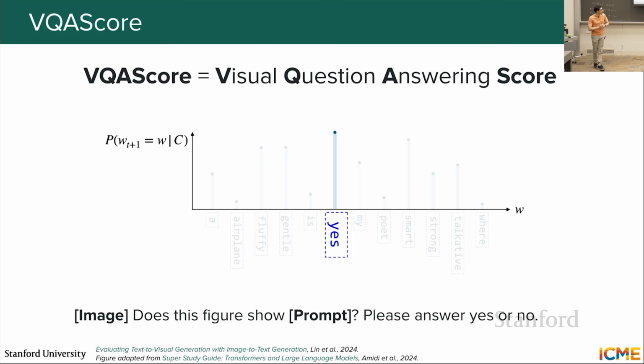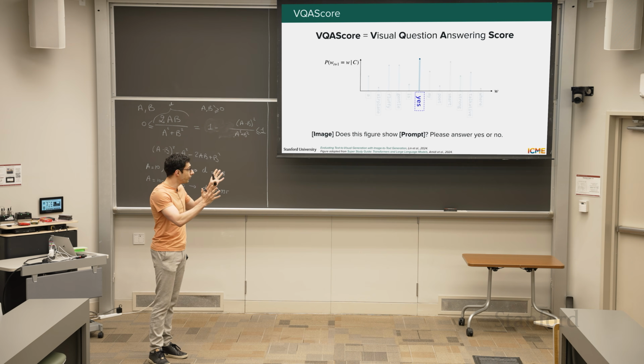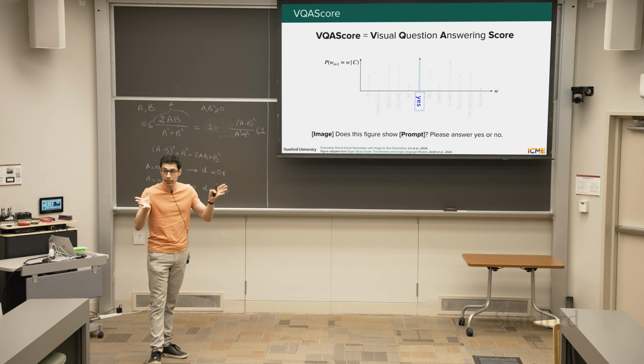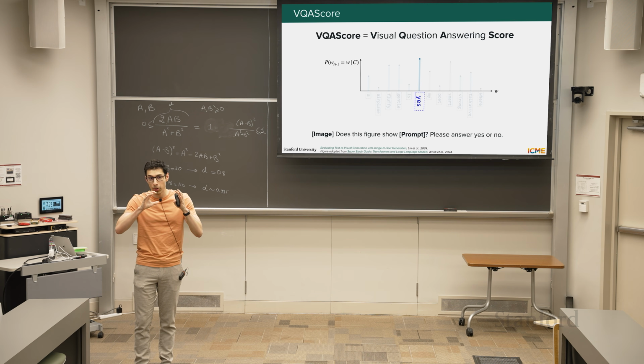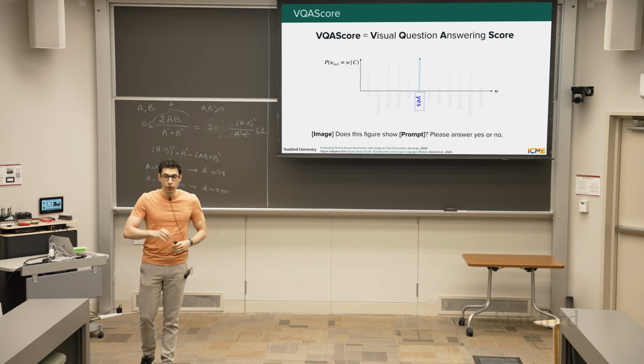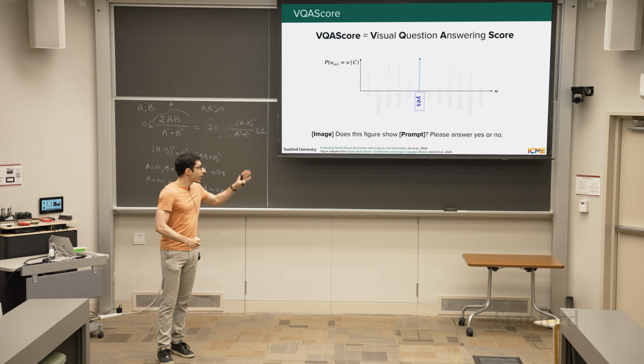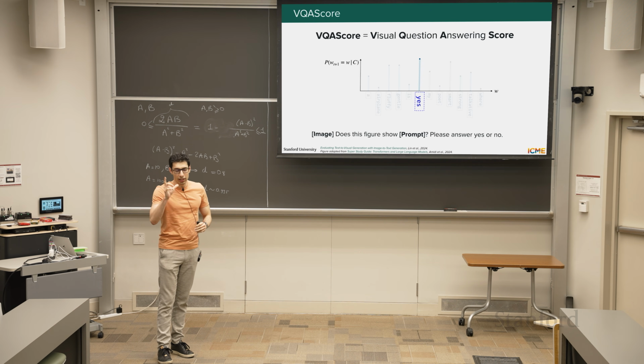So this is something that is called VQA score, where the template is very simple. So you always follow this same structure where you put the image, and then you ask yourself, does this figure show, and the content of your prompt? And then what you do is that you look at your probability distribution of your next token, and you look at the one that corresponds to the token yes.